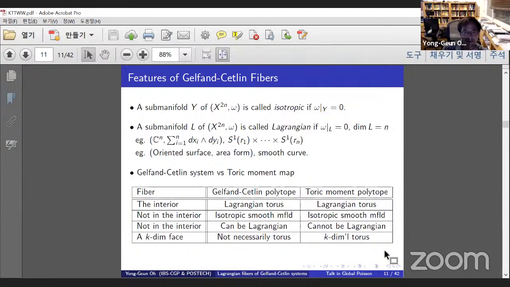That's the big difference between the Gelfand-Cetlin system and the toric system. Another difference is that the Gelfand-Cetlin fibration is only continuous along the boundaries, but in the toric case it is smooth everywhere.